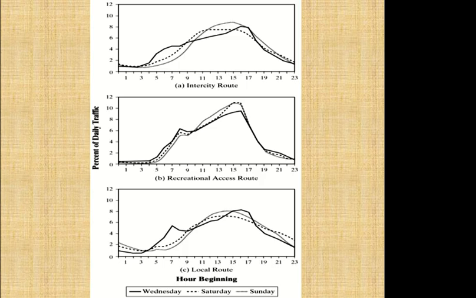And you can see the difference between different days, and you can see the difference between different types of highways as well. The 3 different charts are for 3 different types of highways. Okay, so you can see each chart is different from the other chart. So each day is different from the other day, and each highway is different from the other highway. Okay, and you can even see the difference in terms of time on the same highway on the same day.